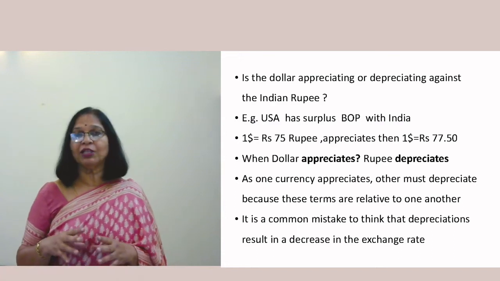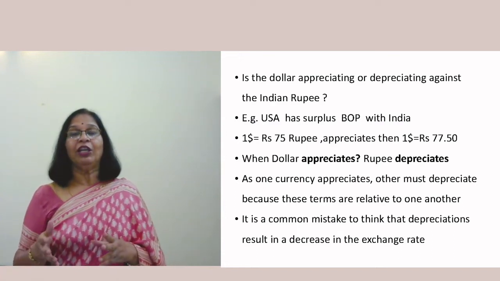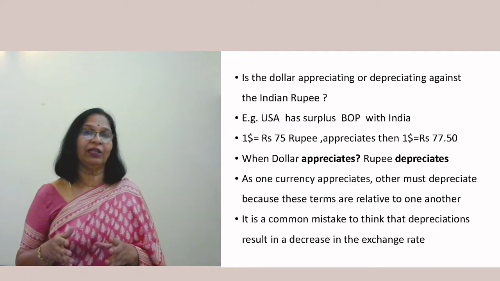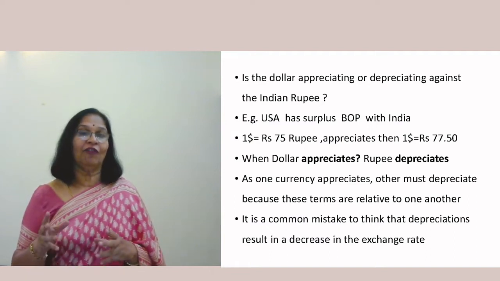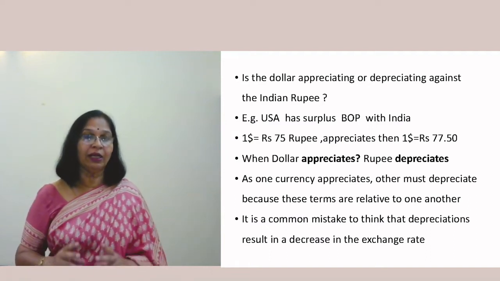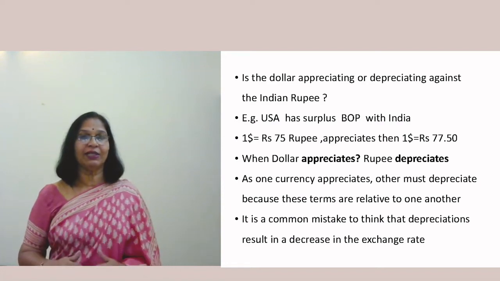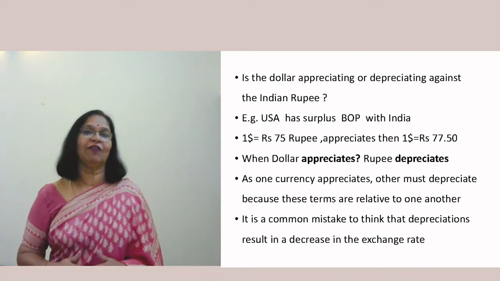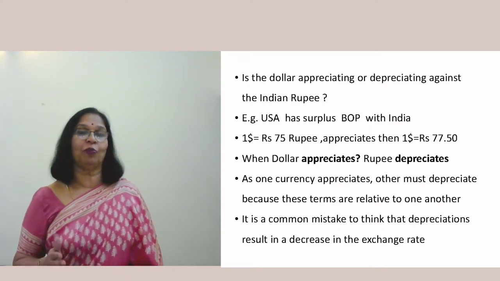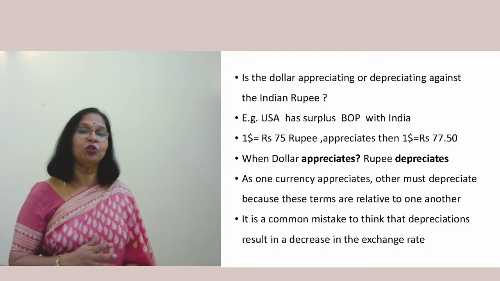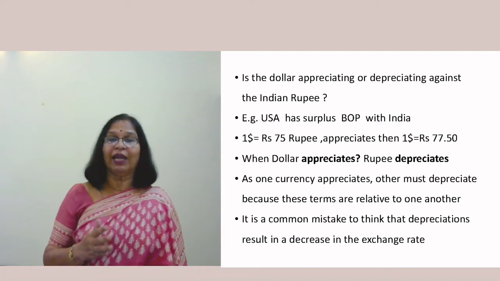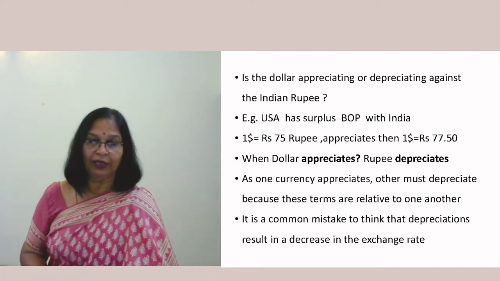Now, because the number has gone up to 77.5, it should not be understood that the value of rupee has increased. The value of rupee has decreased because we were paying 75 earlier, we are now paying 77. It shows a decrease in the value of rupee, not an increase, because we are paying more to buy a dollar worth of goods than what we were paying earlier.